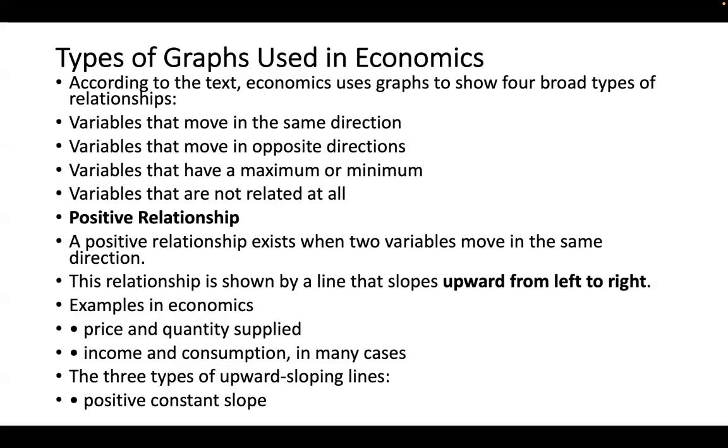The same thing applies to price and quantity supplied. When prices increase, quantity supplied also increases. So it has an upward slope from left to right. With the positive relationship, we have 3 main upward sloping lines.